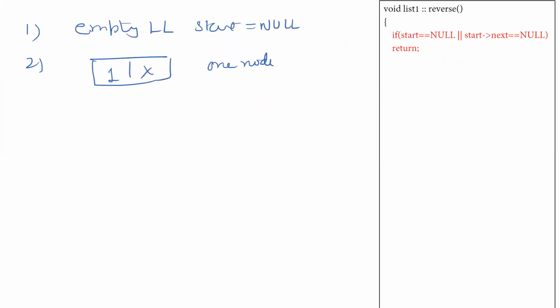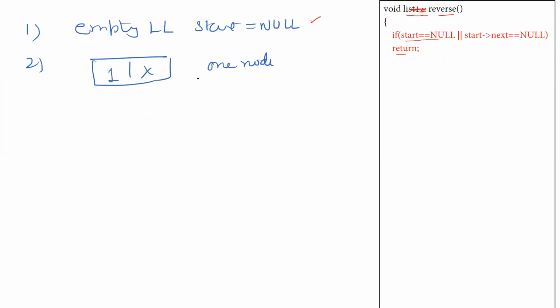Now how to start with the program? I was using the C++ version of reversal. So this is a reverse function. If the initial linked list is empty, that is start is equal to null, you don't have to do anything for an empty linked list; merely return from the function call.